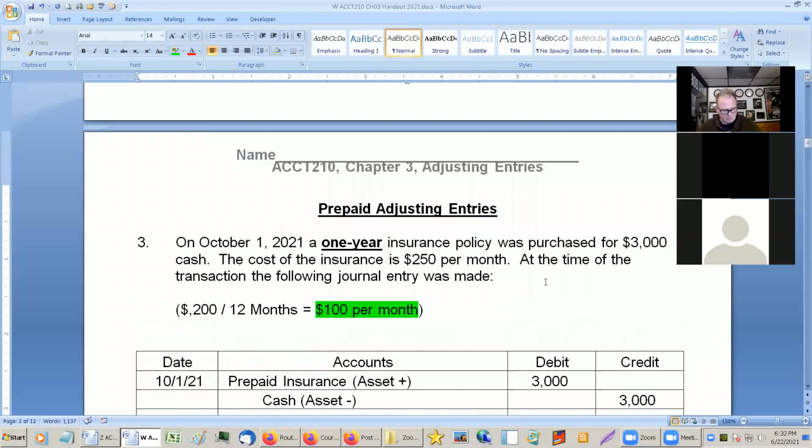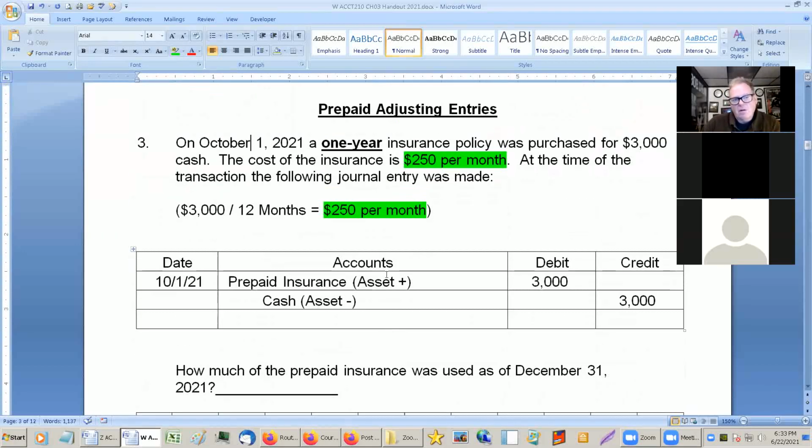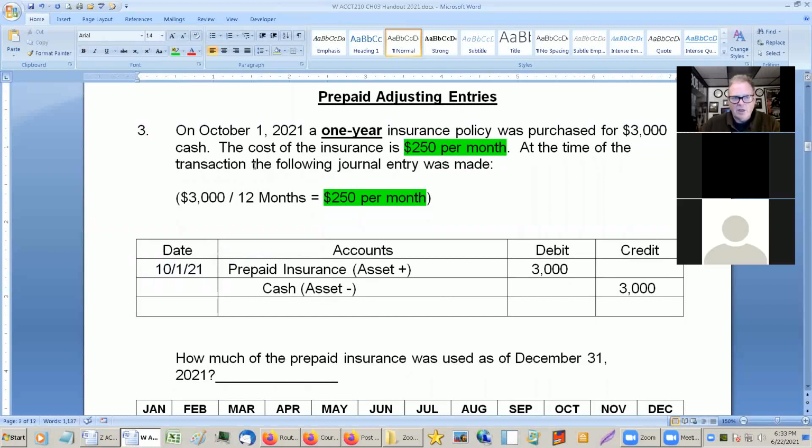Do the 3,000. So this is where that 250 per month came from. Okay, so I will be quiet and see if you can figure out how many months they had. They bought this policy on October 1st. So how much of it have they used up?